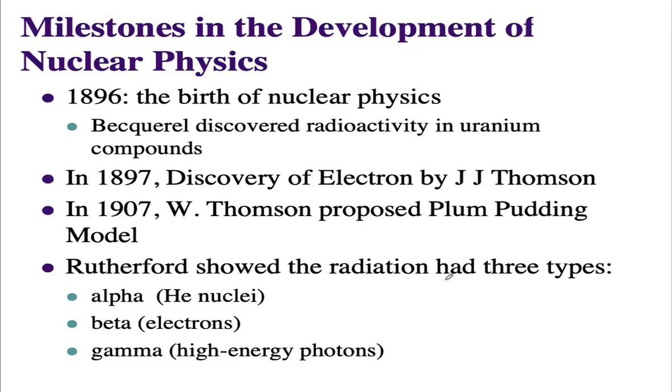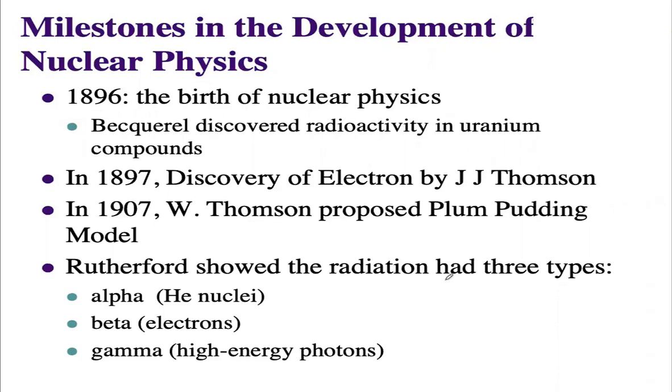Now, in 1897, J.J. Thomson and his researchers discovered a famous tube known as the cathode ray tube, and they saw that the discharge of electricity takes place through gases.